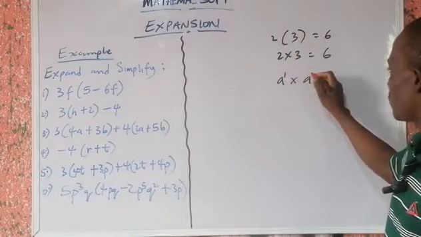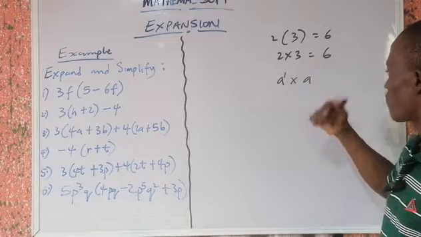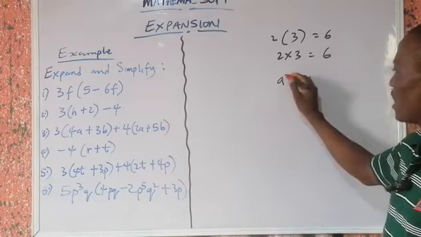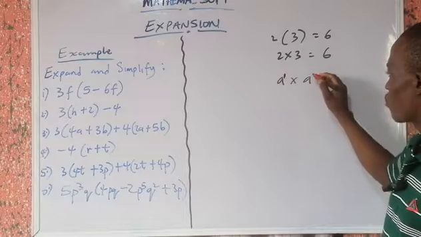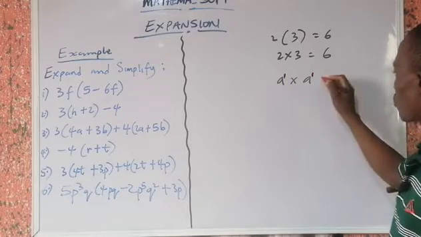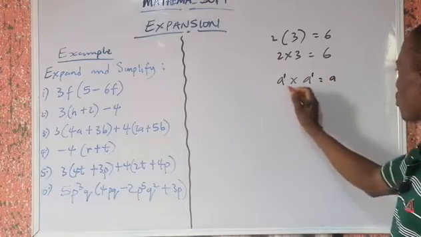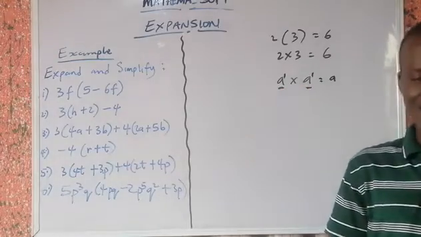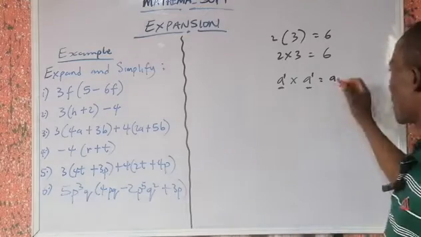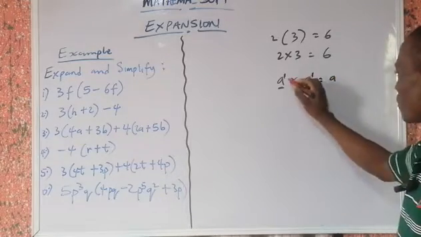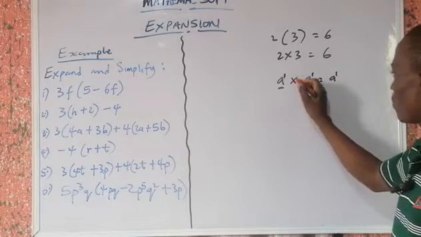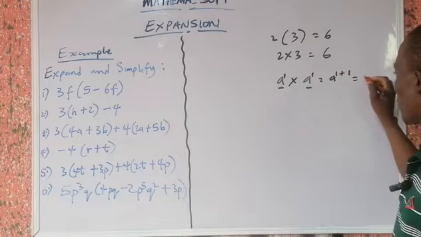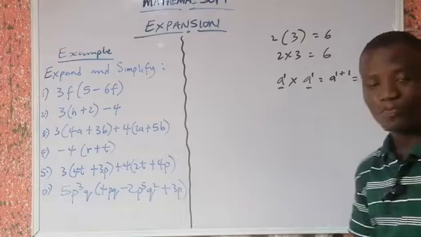Take for instance, this is A multiplied by A. But we know that the power on this A is 1 and this one is also 1. So if I'm to multiply, because the two variables are the same, I'm going to select one of them, and then I have the power. Being that I'm dealing with multiplication, that will be plus 1, that equals A raised to power 2.